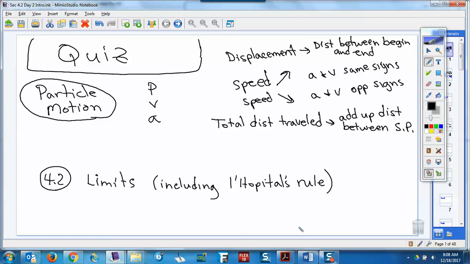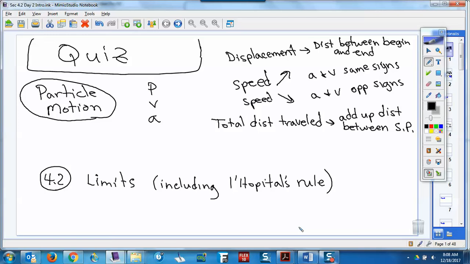If you ask when the velocity is increasing, we'll think of the chart. This row is increasing when this is positive. So when acceleration is positive, velocity is increasing, which is actually when the position function is concave up. If you know the chart and the relationship between position, velocity and acceleration, that can help you in a lot of questions.